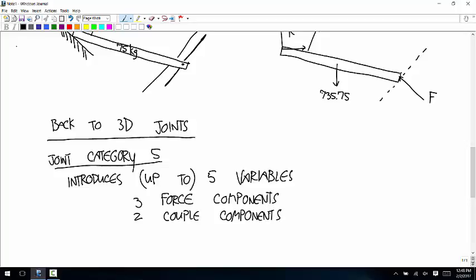And just like with the last one, remember we had these couples that were only added if they were needed for equilibrium, and it's the same thing here. So these two couple components are only going to be used if they're needed for equilibrium.